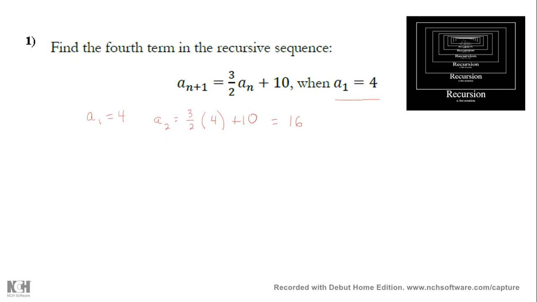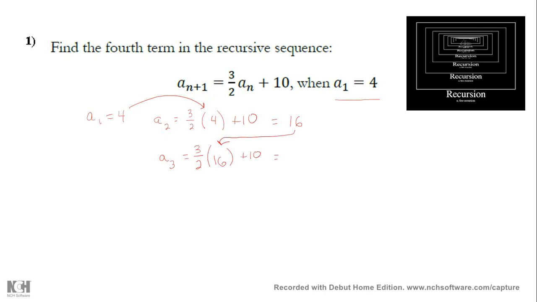So remember, the previous term is used to get the next term. So now when I try and find a sub 3, what number am I going to put in here? That's right, I'm going to put in a sub 2, which is 16.